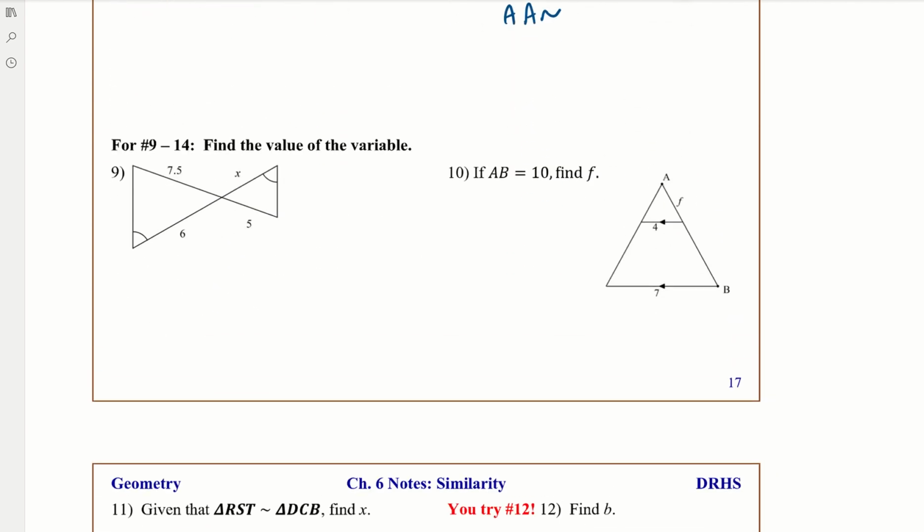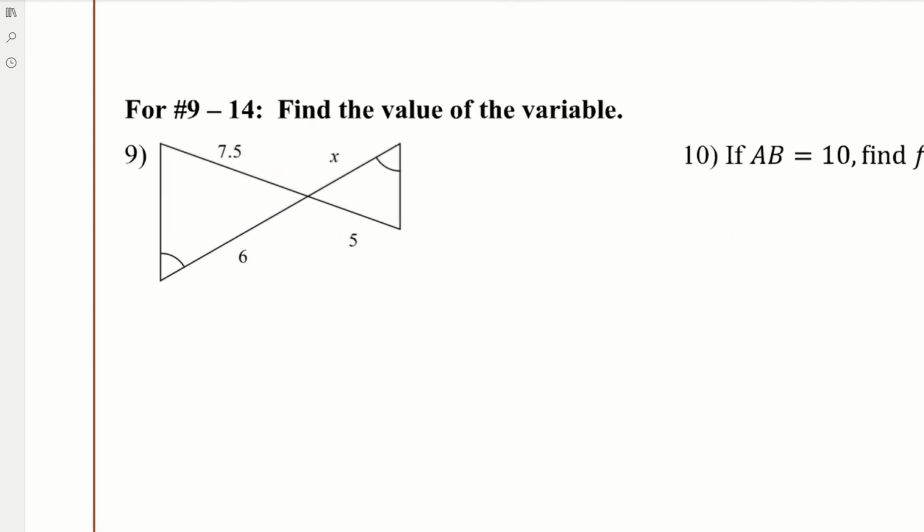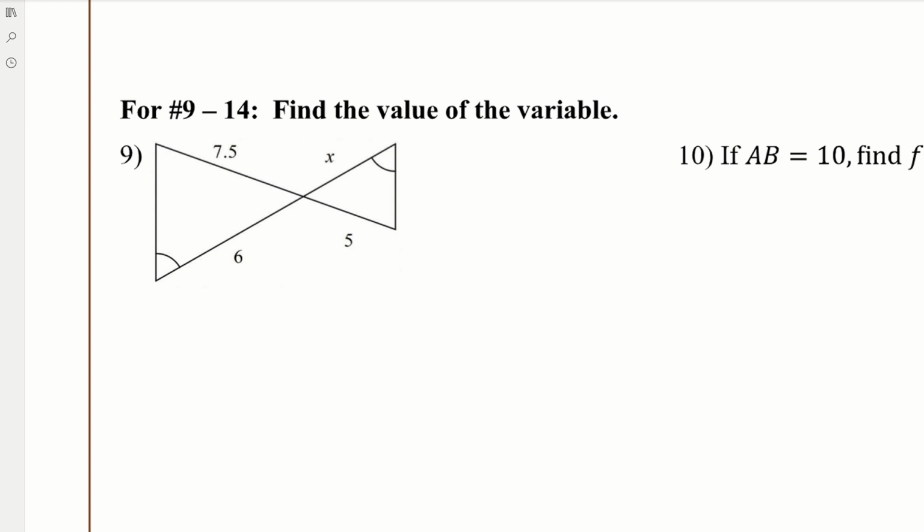Okay, 9 and 10, find the values of the variable. All right, here we go. First of all, I want to convince myself that these triangles are similar, because otherwise there's not enough information. Here I can see that I have vertical angles, so I know that these are similar because of angle similarity.